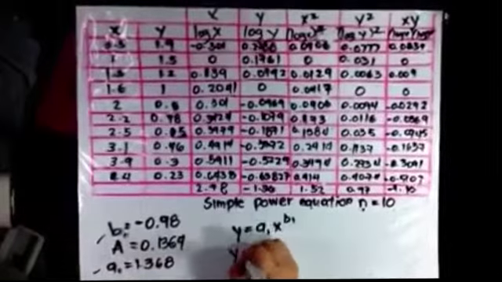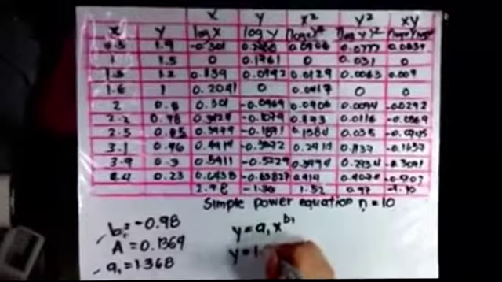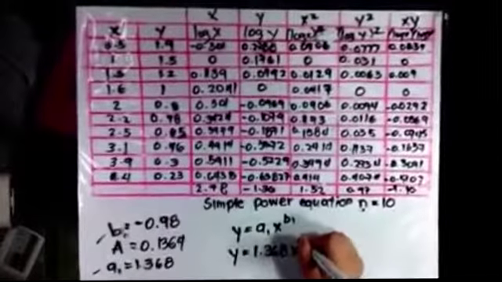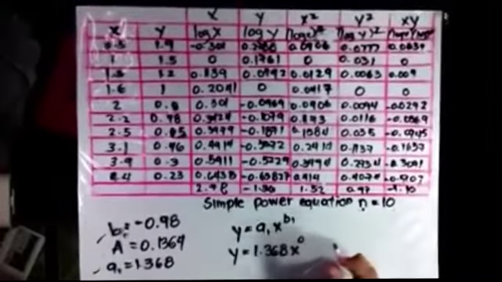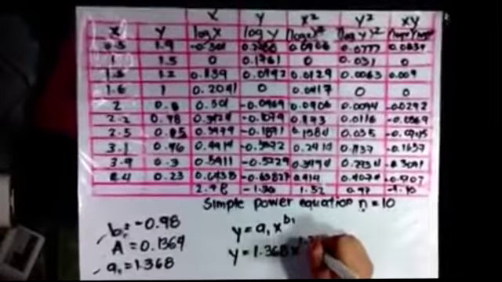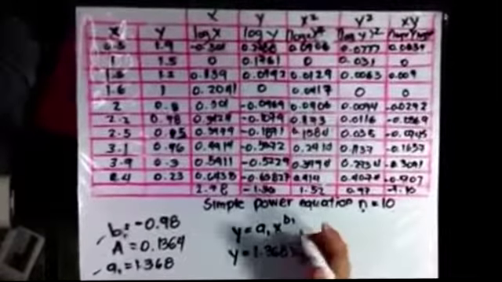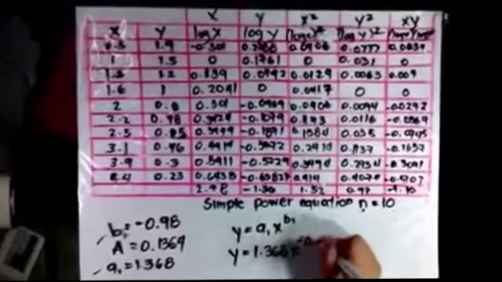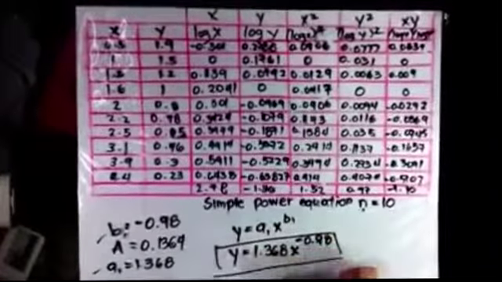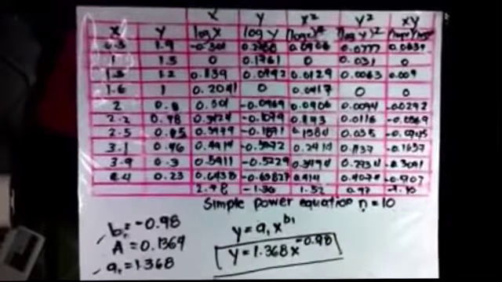We have y is equal to 1.368 times x raised to negative 0.98, and that's our simple power equation.